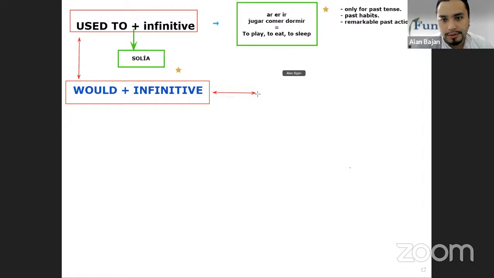And this is the same verb, solía. But the difference here is that would first is more polite.